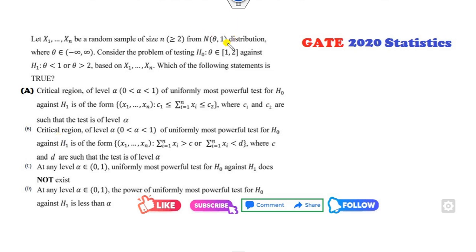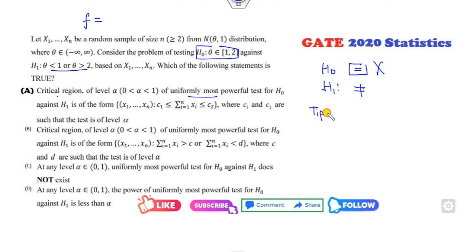Okay, look at this another one. Critical region of the UMP test here. What is the normal distribution? There is no need for that. Look at H naught. Is H naught written with the equality? No. Is the H1 also not written with equality here?